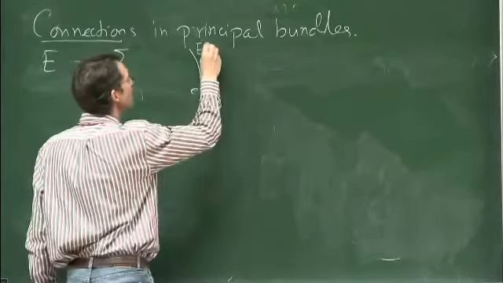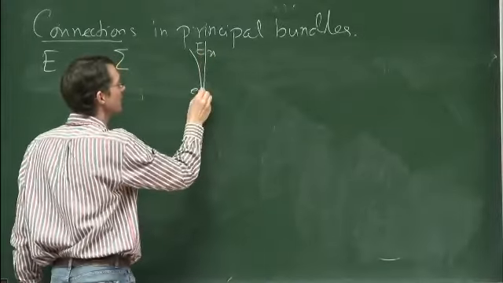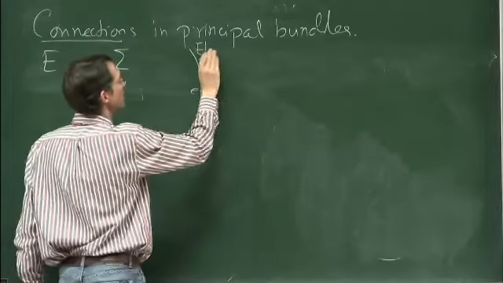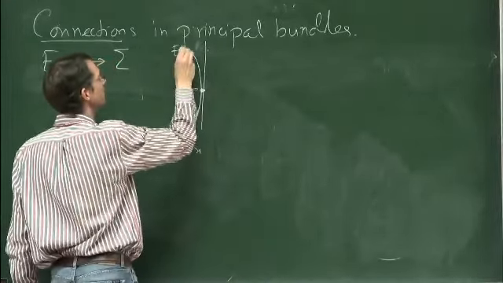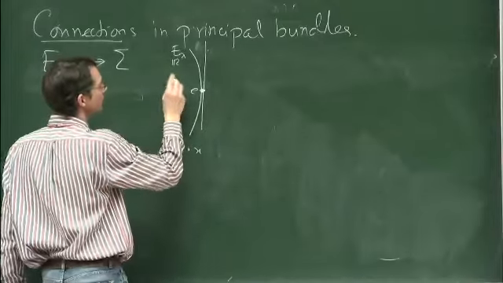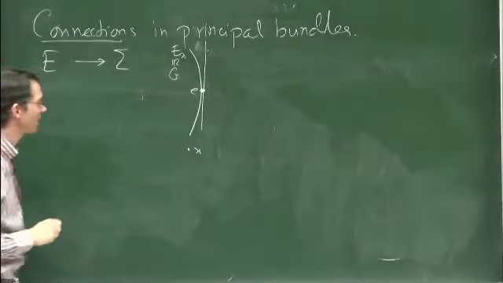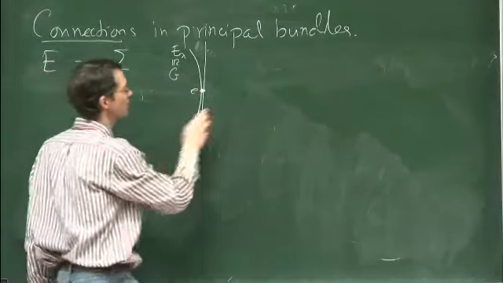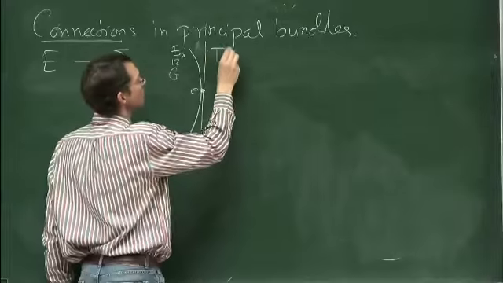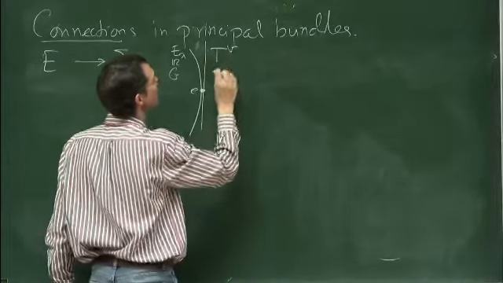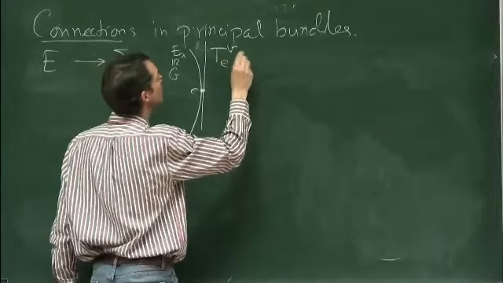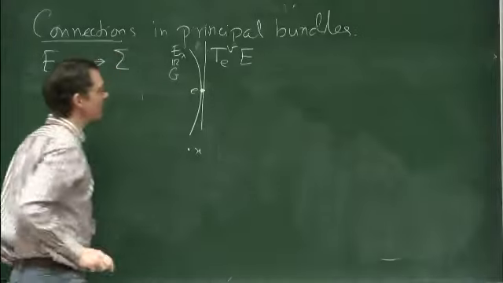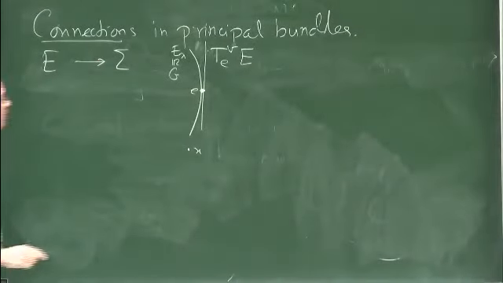So therefore the vertical tangent space gets canonically identified with the Lie algebra. The fiber can be identified with the group, but in a non-canonical way, so we'll have to make a choice here. Let me indicate this vertical tangent space like this, T^vert E of E. So it's like the tangent space along the fibers.